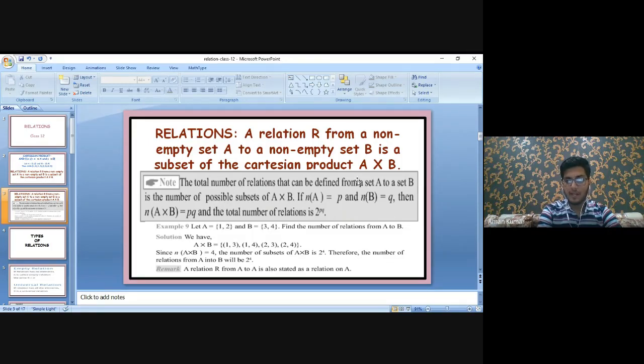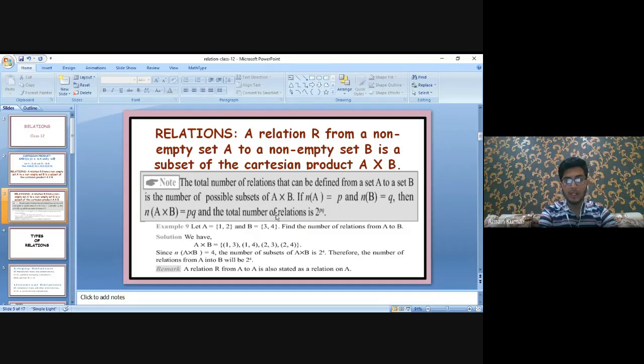Suppose the number of elements in A is P and the number of elements in B is Q. Then the number of elements of A cross B is P into Q. So if A cross B contains PQ elements, then the number of subsets of A cross B will be 2 raised to the power PQ.